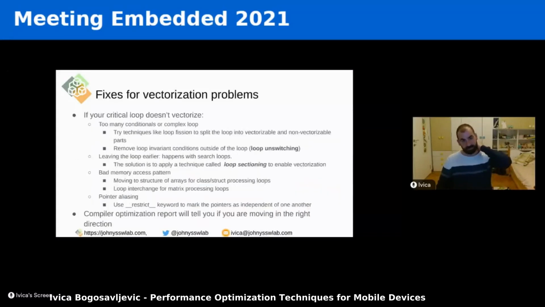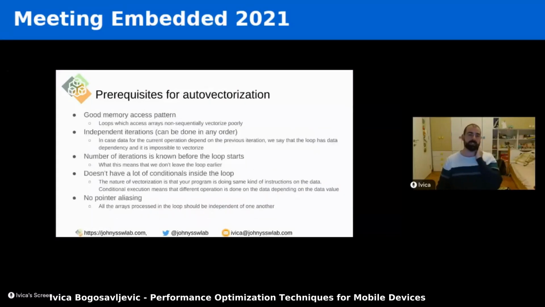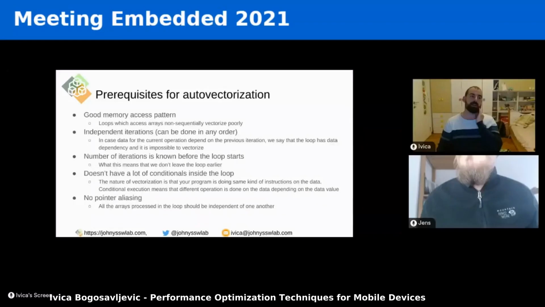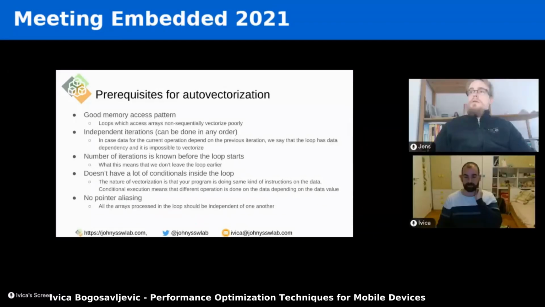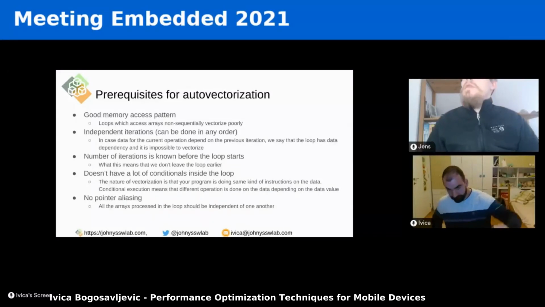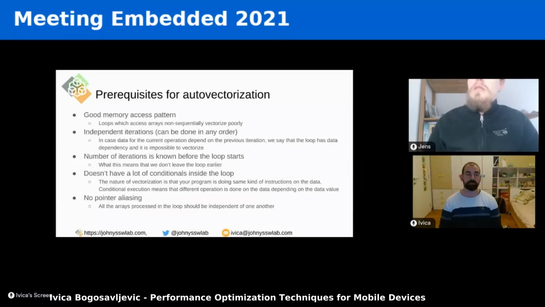Okay, now, any questions about auto vectorization? Yes, we do have two questions. The first one is, how do you identify code sections that need to be optimized for power consumption?